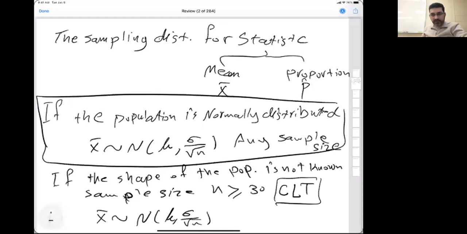This is the first thing about the sampling distribution.